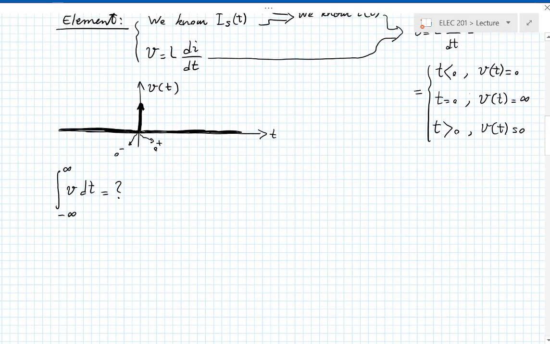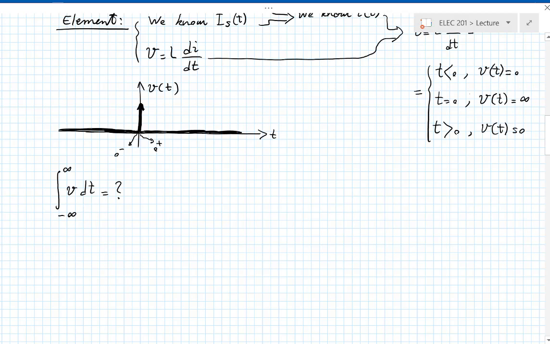Can you work on this? How about it's 1 multiplied by something? A delta function, typically the way you define it, has an integral of 1. But this is a scaled version of a delta function.